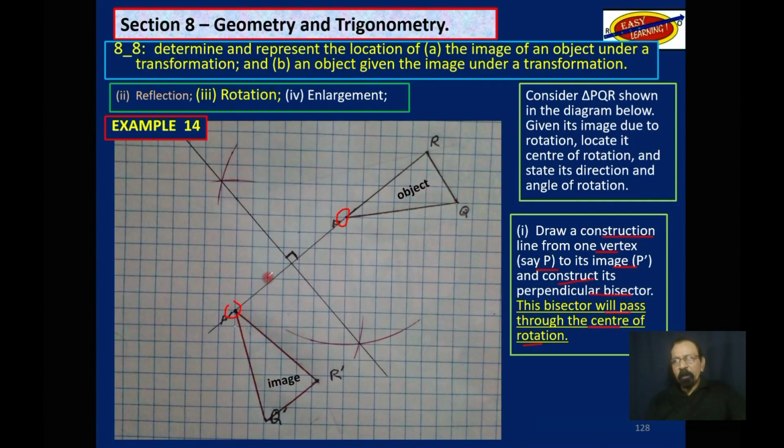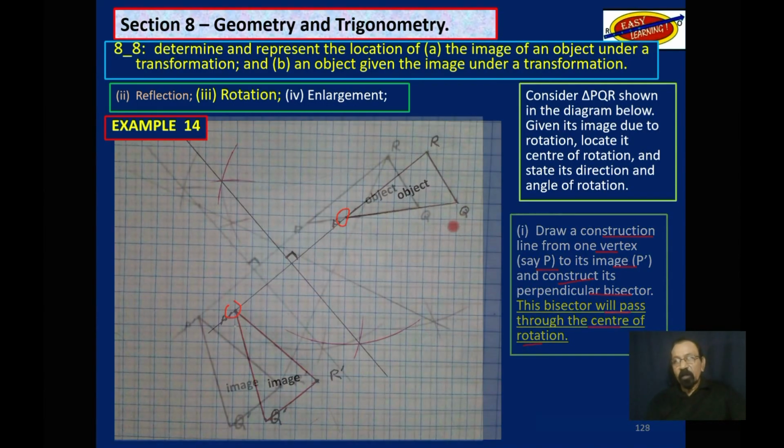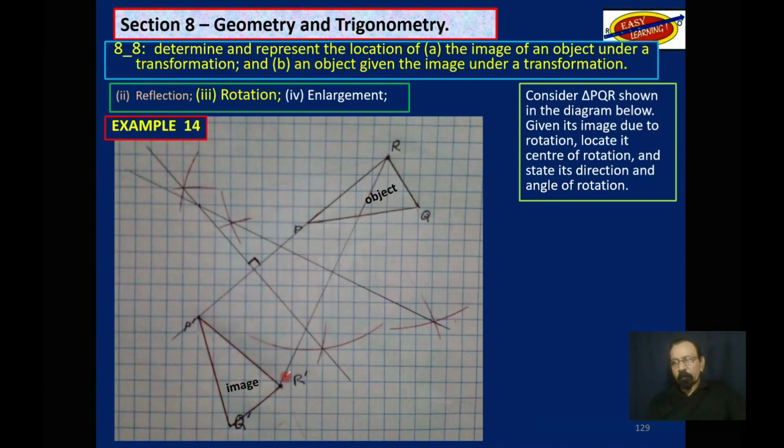We do that with P and P prime. We do the same thing with two other points. Let's take R and R prime. Draw this chord. Remember that chord joins the circumference of a circle that you cannot see right now.